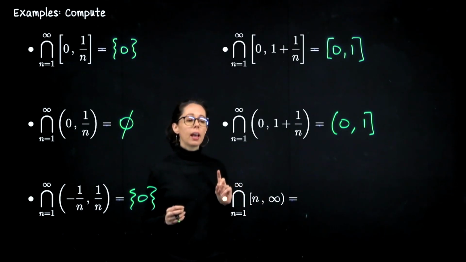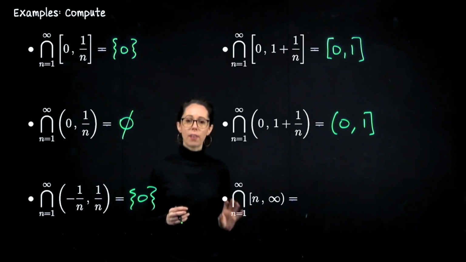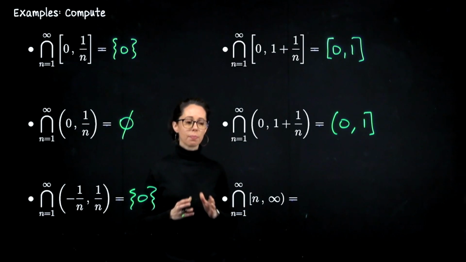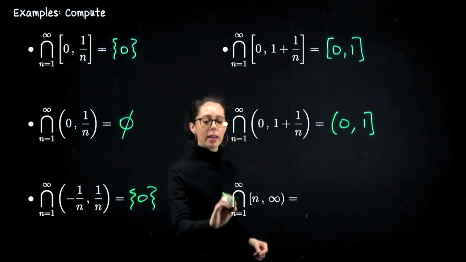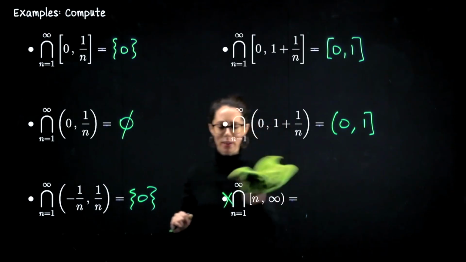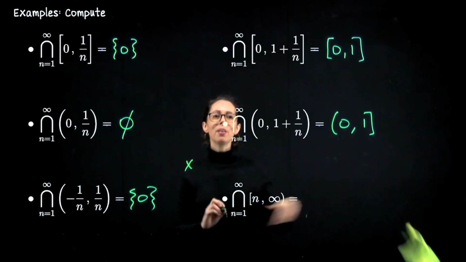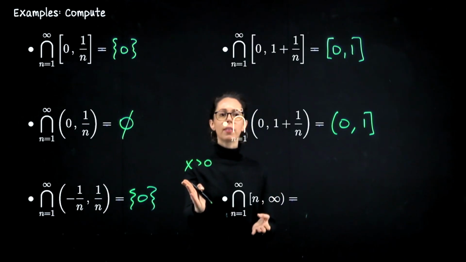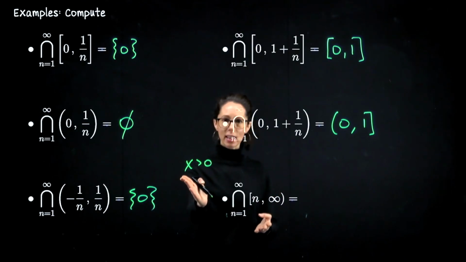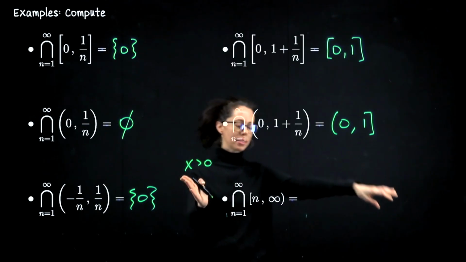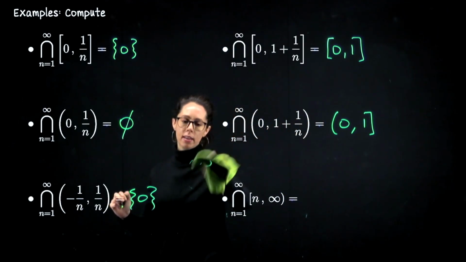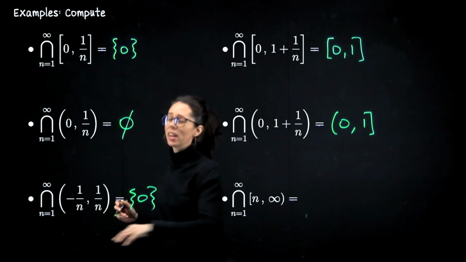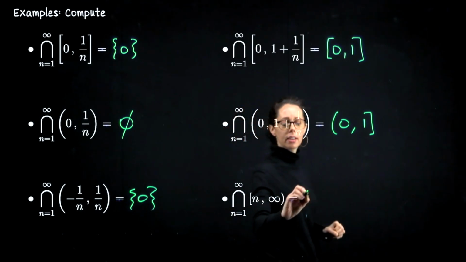But if you look at this family across all values of n, because of the Archimedean principle, the first version, if x is some positive number, eventually there's a choice of n which is greater than x. So x cannot be in the intersection because it's dropped by that set. Okay, all that to say that this intersection of sets, each of which has infinite length, is actually empty.